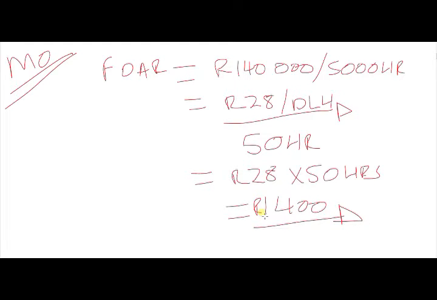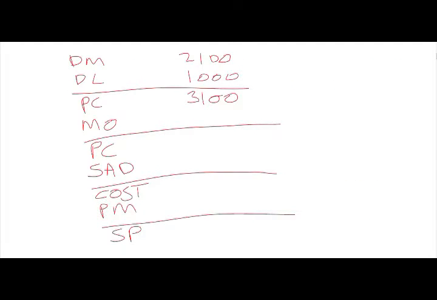So this is the fixed production overhead that will be absorbed to this job. So we put it here. So now our product cost would be 4,500.